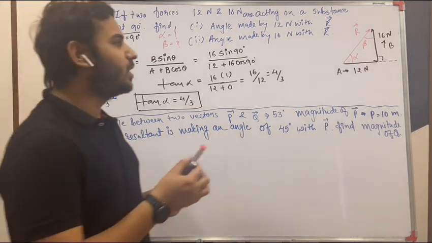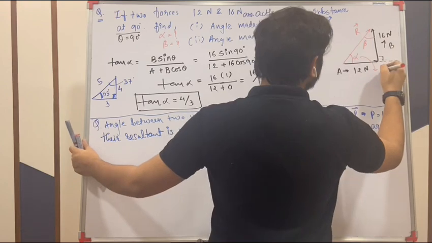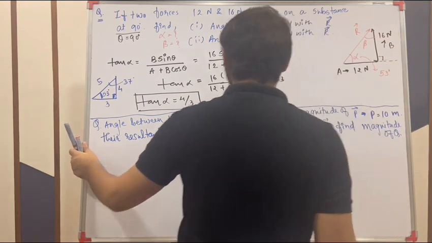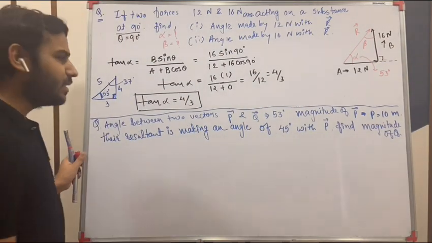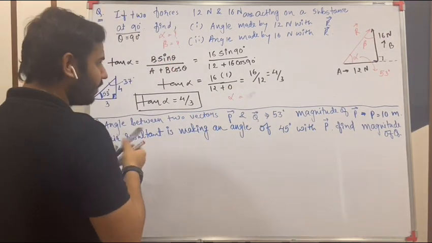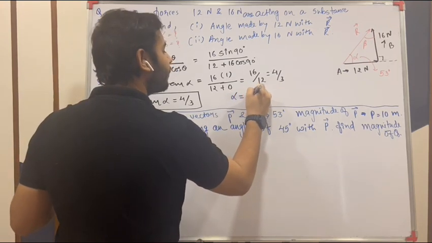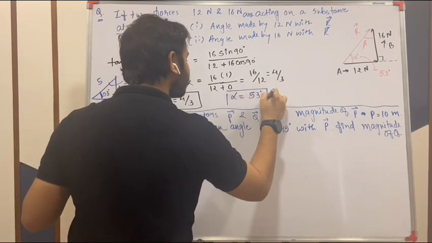So this alpha must be 53 degree. When tan alpha is 4 by 3, what is the value of alpha? Alpha is 53 degree.